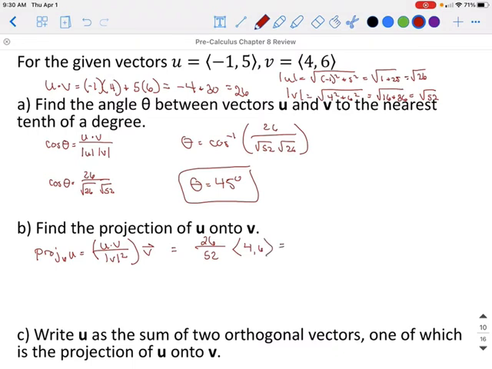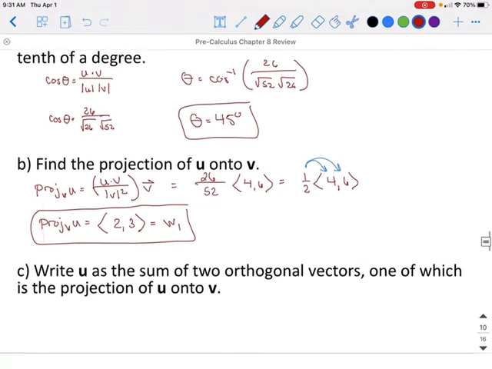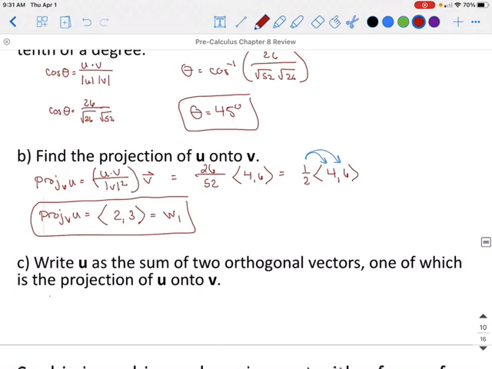And then we're going to multiply it by vector v itself. Now, if we reduce that, 26 over 52 is just 1/2. So we know that our projection of u onto v, if we distribute this 1/2, we will get our projection is 2 and 3, or we can also call that our W1.